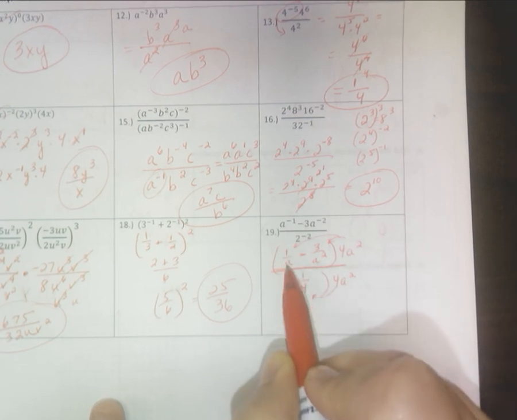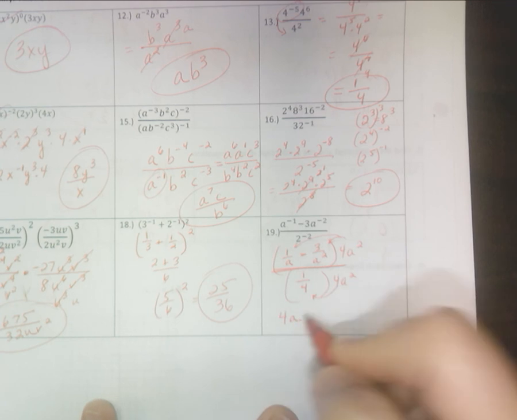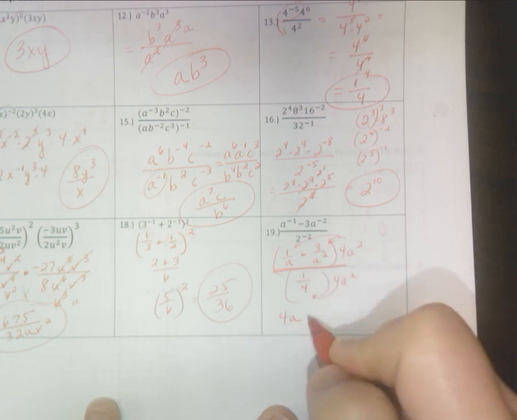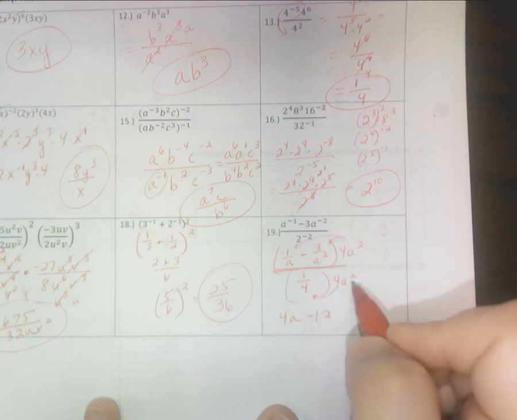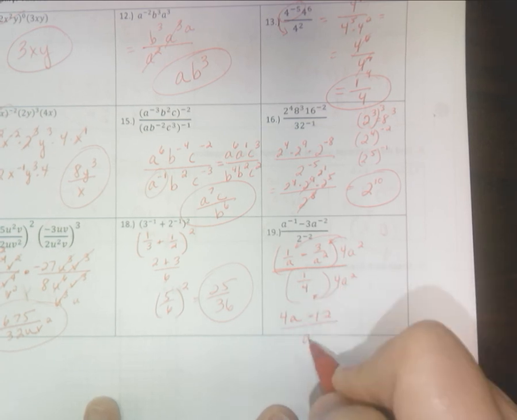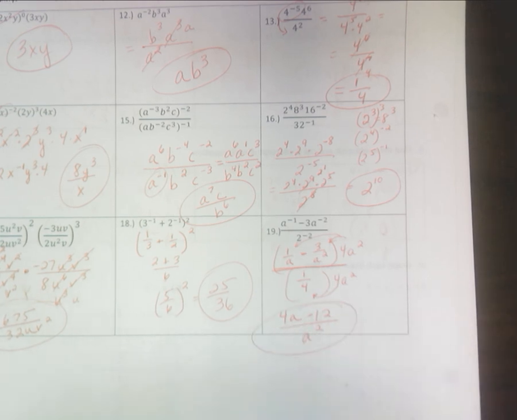So 1/a times 4a squared would be 4a. 3/a squared times 4a squared would just be 12. And on the bottom, 1/4 times 4a squared would be a squared. And that's it. There's nothing to simplify. You could factor out a 4 here, but that'll be it.